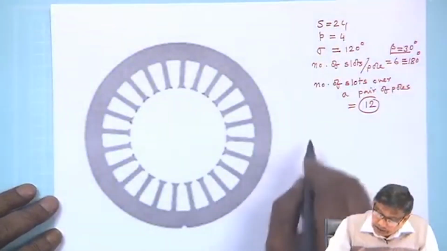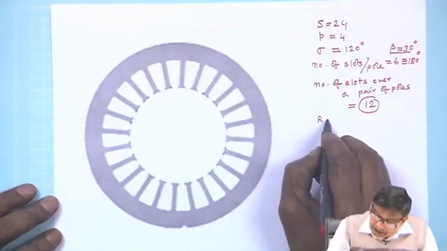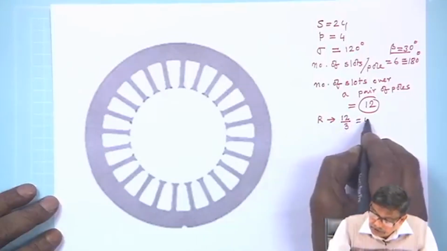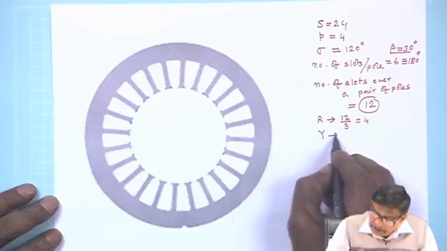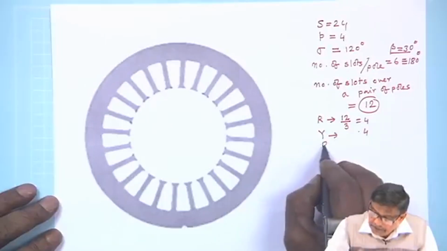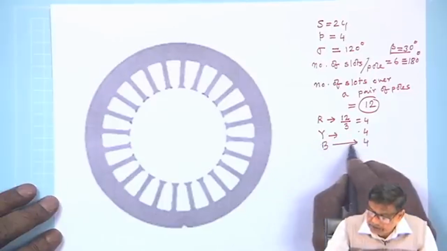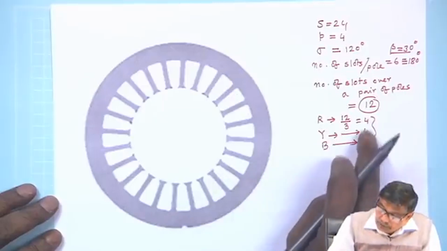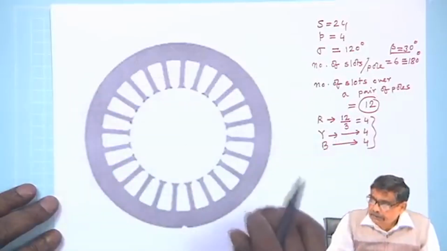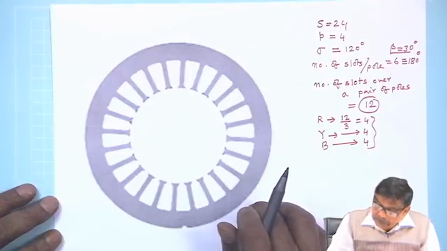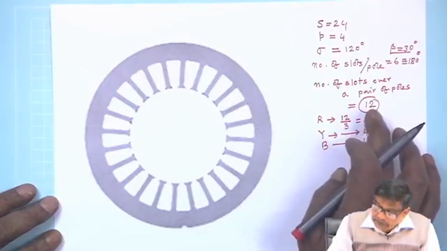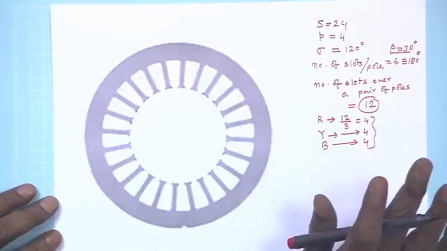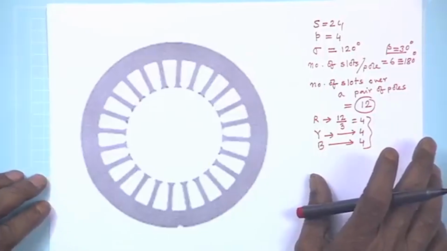So, out of this 12, R phase I will allot 12 by 3, 4 slots, Y phase I will allot 4 slots, and B phase I will allot 4 slots. That is the idea. And these 12 slots will make 2 poles, is it not? So, that is the idea.